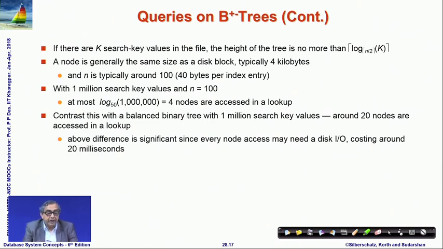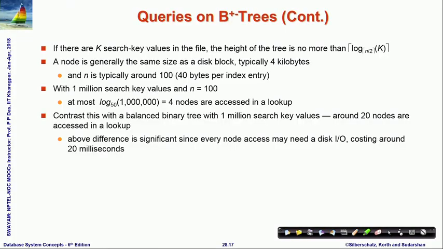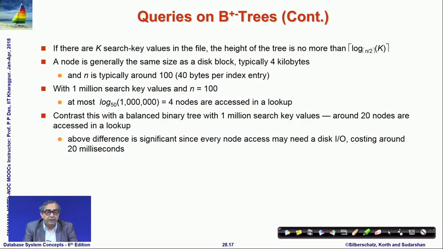But can I make n arbitrarily large? Then the node will not fit into one disk block, so it cannot be accessed in one fetch from the disk to the memory. So, it is customary to make the node the same size as the disk block, which is typically 4 kilobytes or 8 kilobytes.